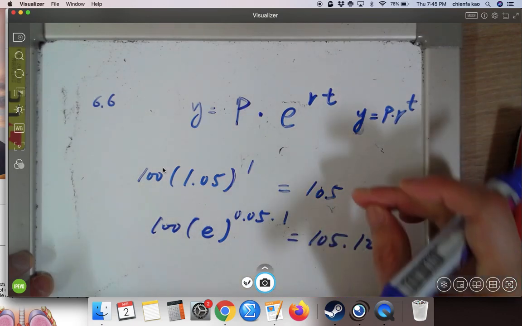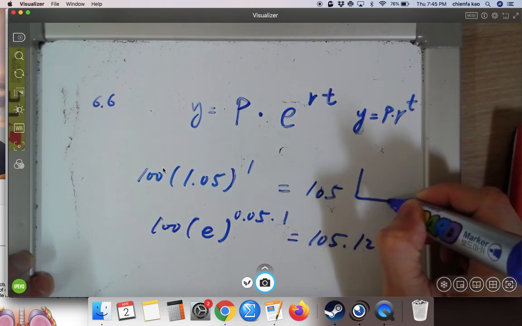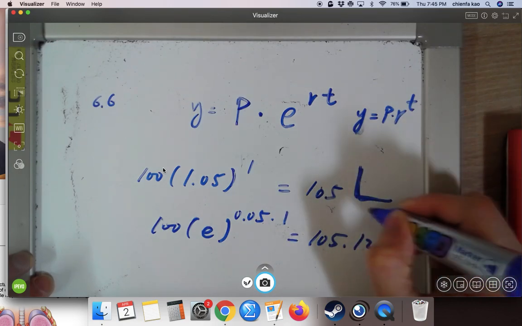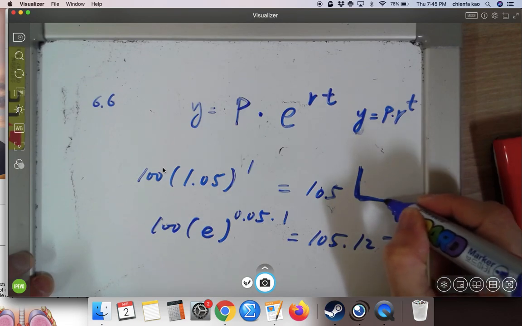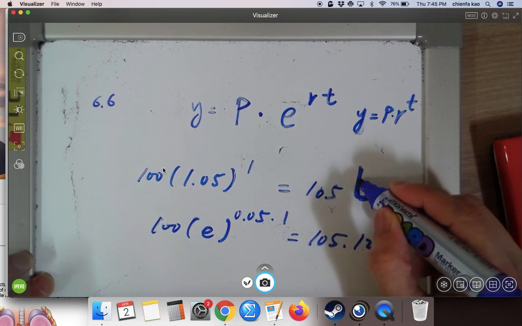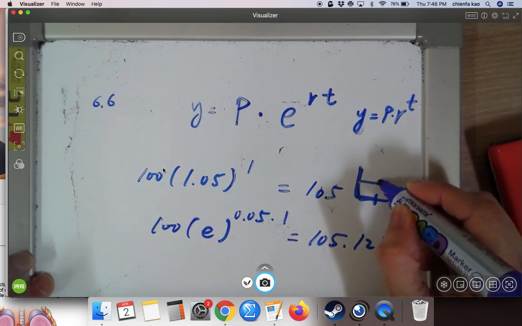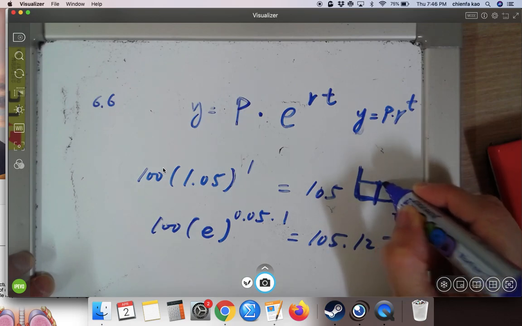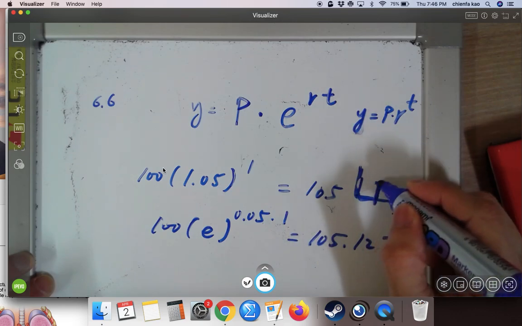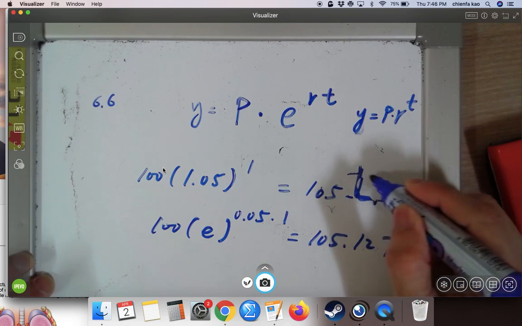But here is a problem. Let's take a look at this chart. This is time over here. This is year 1 and year 2. So according to this chart, your money stays the same until year 1. Let's just say you start at $100 right here.